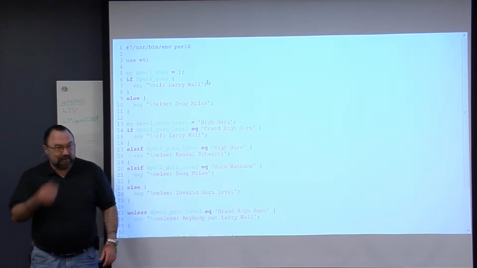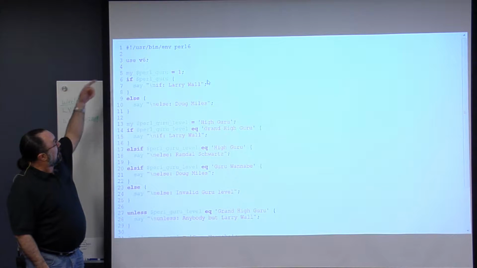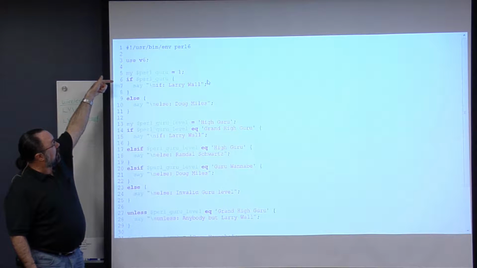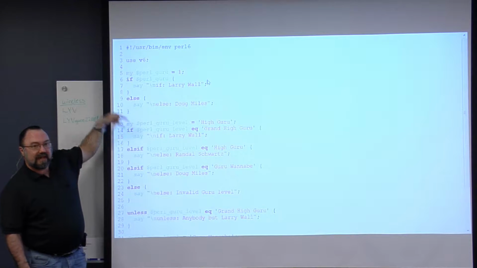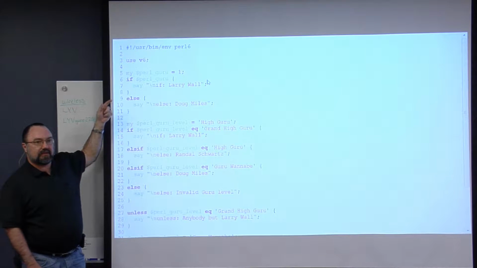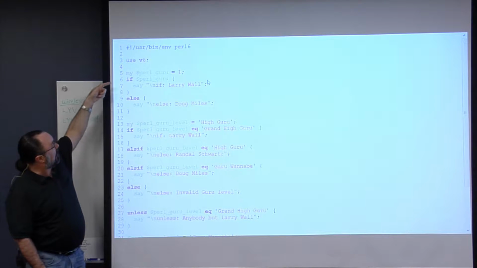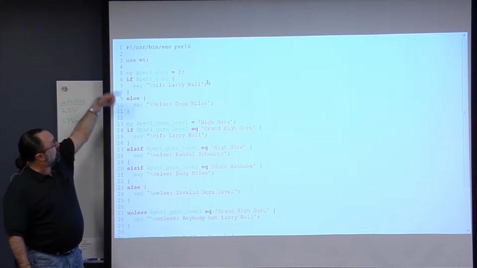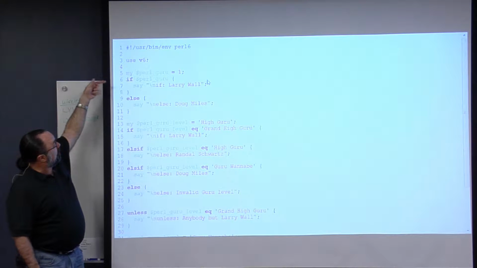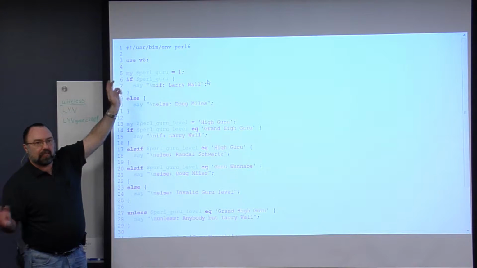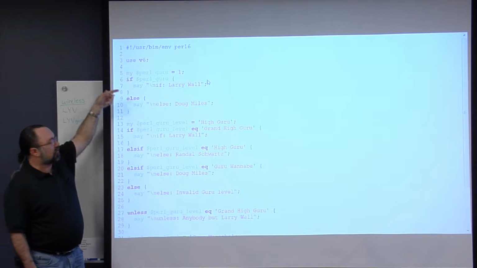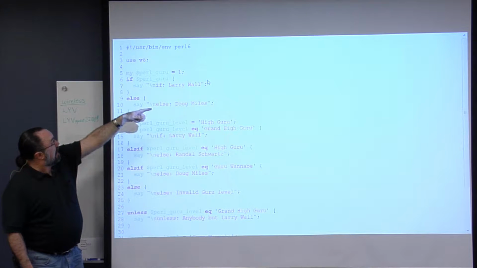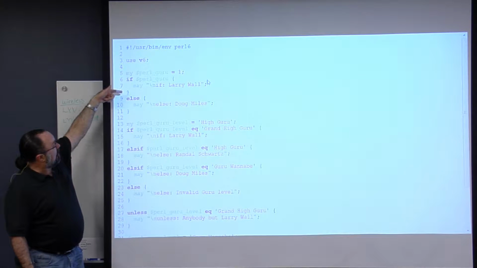Basically, what I did up here is made everybody feel nice and safe because I did it pretty much the same way you do it in Perl 5. We set a Perl Guru level to 1. So if Perl Guru, but you notice one minor thing is you don't need parentheses anymore, so I didn't put those in. And it's going to say Larry Wall.